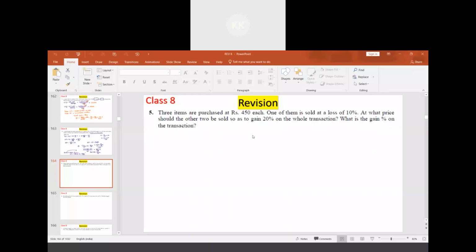Three items are purchased at rupees 450 each. One of them is sold at a loss of 10%. At what price should the other two be sold so as to gain 20% on the whole transaction? What is the gain percent on the other two items? How to go about this question?